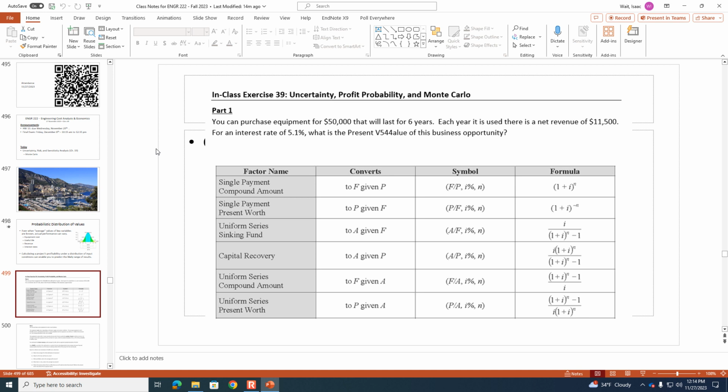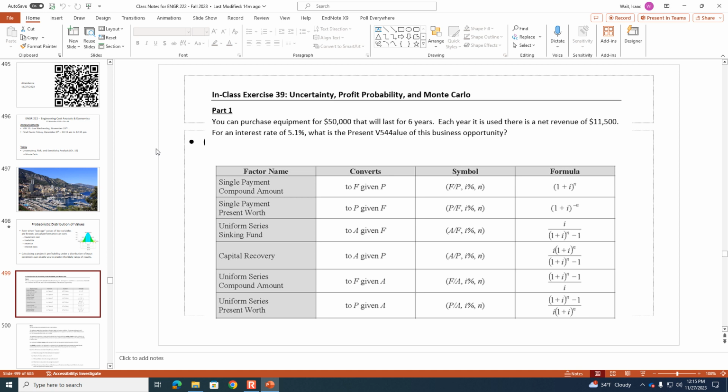And so you can see that I use the equation method and the P/A factor is 5.0595. And we need to multiply that by the 11,500. And so the present value of the revenue is $58,184, and then if we subtract out the $50,000 purchase price, that means that the sum of the present values, taking into account the cost and also the revenues, is $8,184.25.